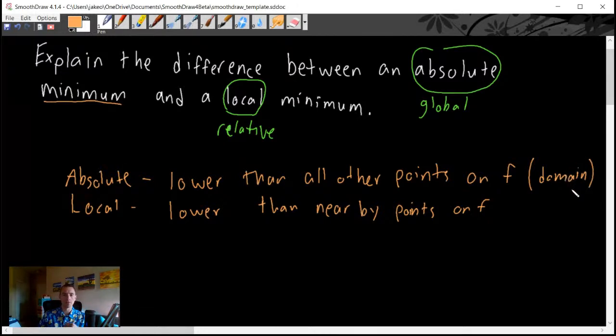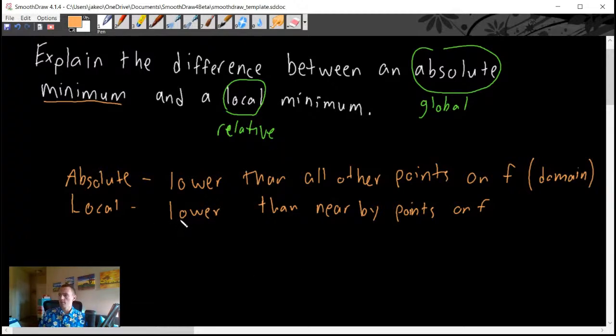It's going to say within this certain domain, find the absolute max and min values. Local doesn't really care about domain because you're just looking at points really close to the point you're looking at. So whenever you have a problem dealing with absolute max or min values, typically they give you a domain, whereas with local, they typically don't.